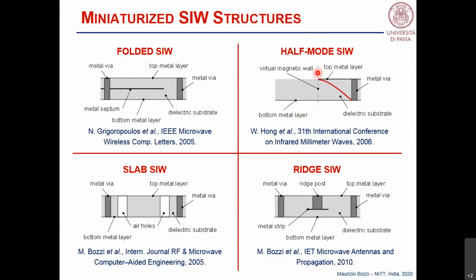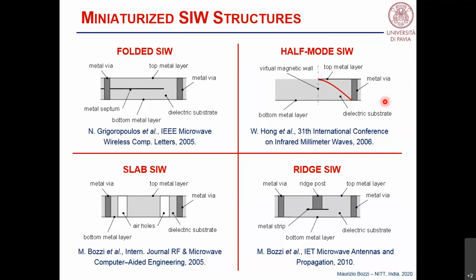In this case, you cut away half of the structure and you leave the remaining half. Due to the low aspect ratio, so the low thickness compared to the large width, there is a quite large capacitance that mimics a virtual magnetic wall. So in the remaining half of the structure, there is still the same field distribution, the same half mode.